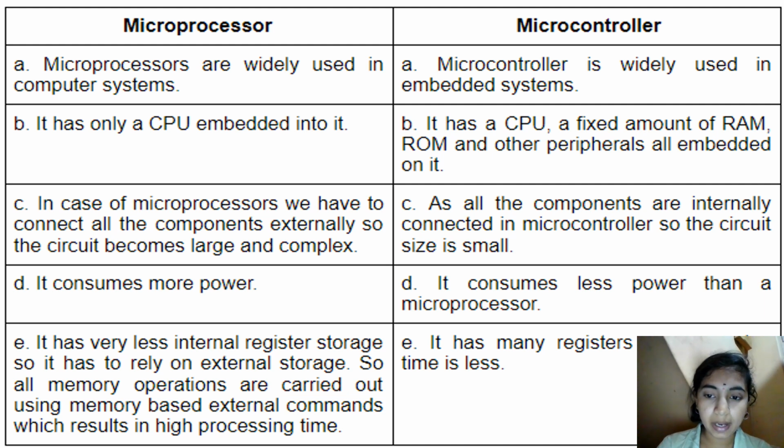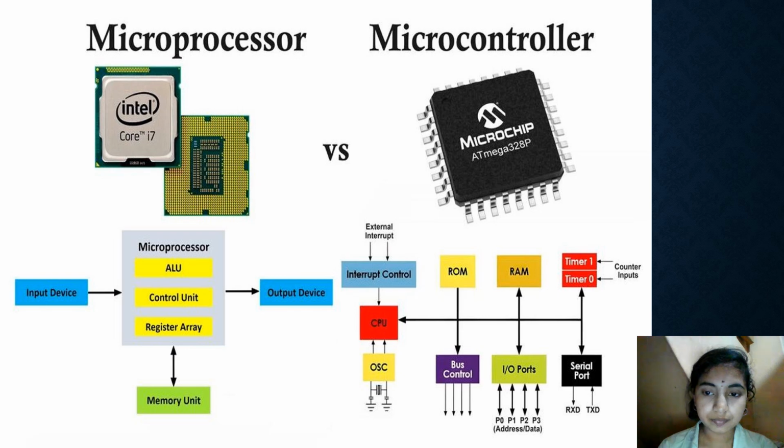So if we come to the microcontroller, it has many registers, so the processing time is less. So this is the main difference between the microprocessor and microcontroller. So we can clearly see the difference between microprocessor and microcontroller.